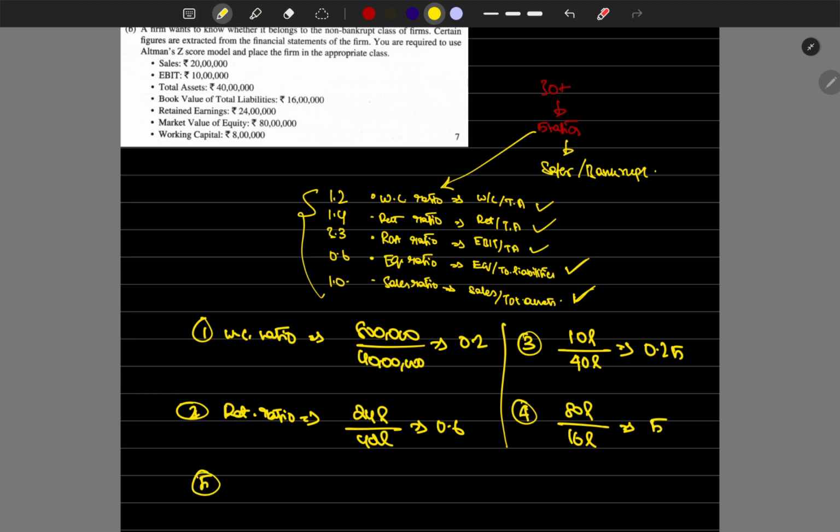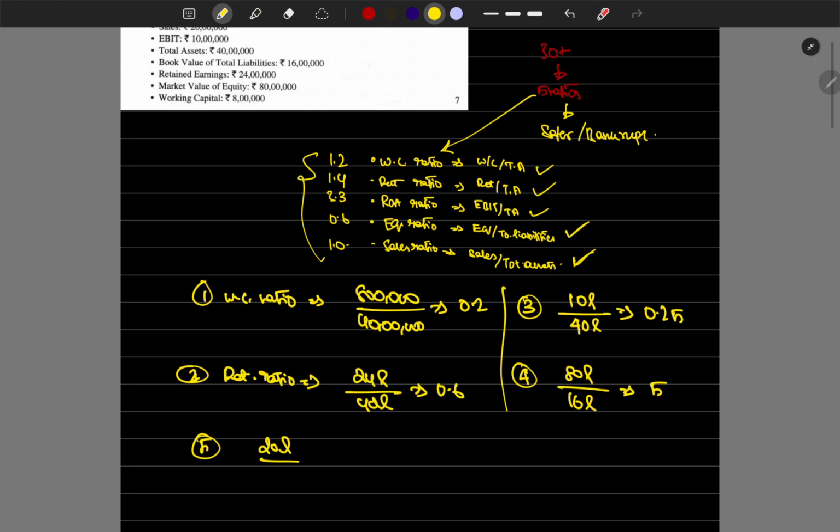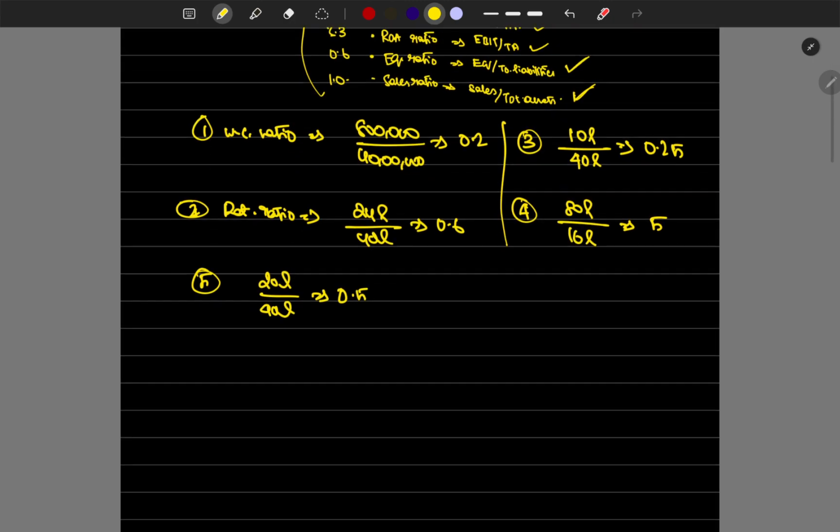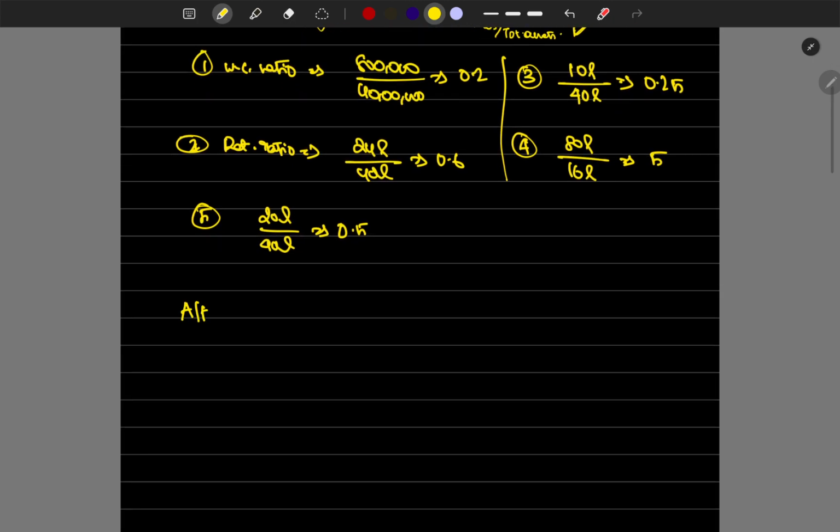Then the sales ratio: 20 lakh divided by total assets 40 lakhs, which is 0.5. Simply put it in the formula.